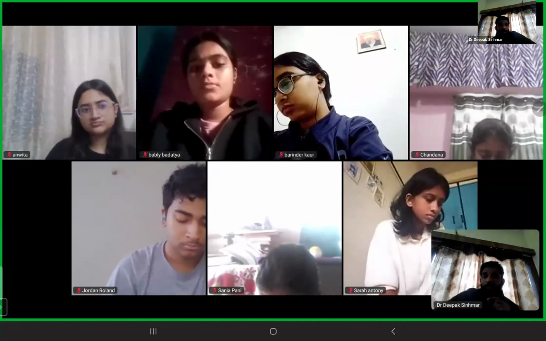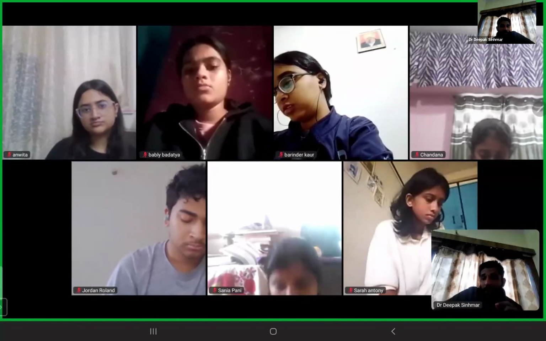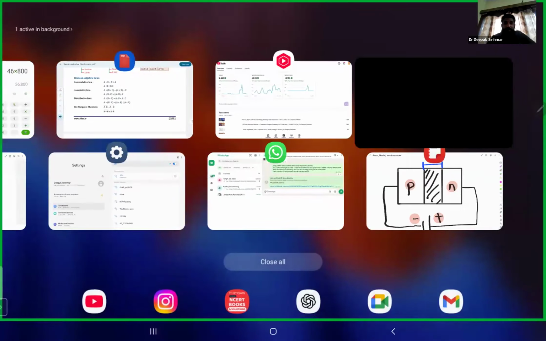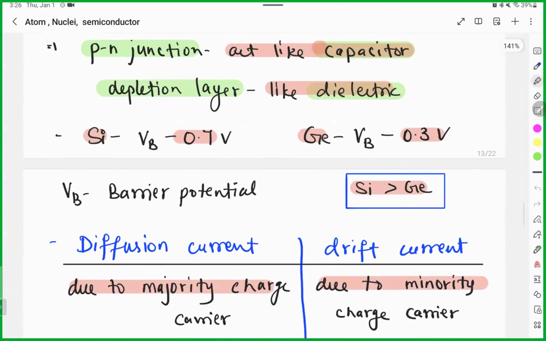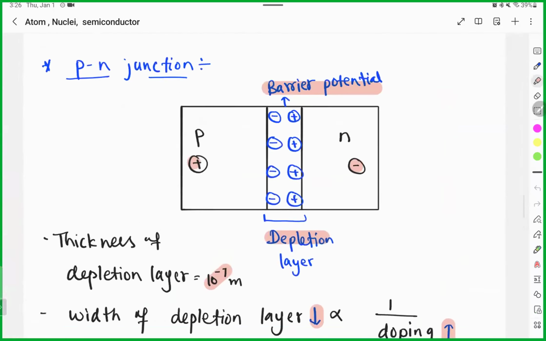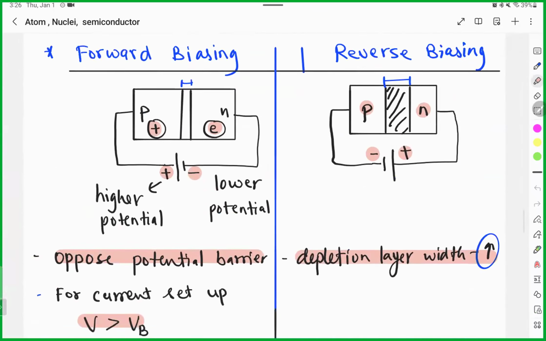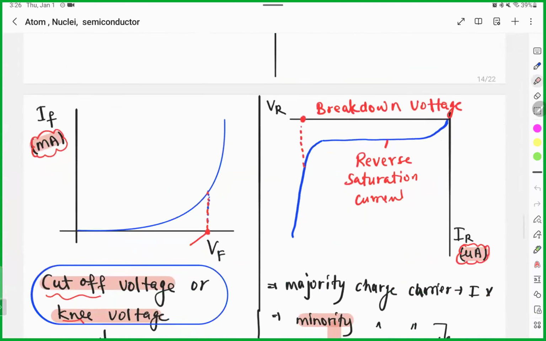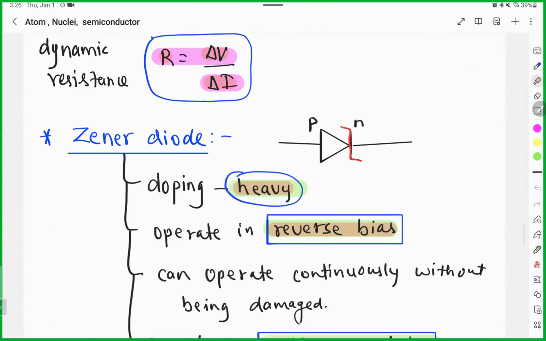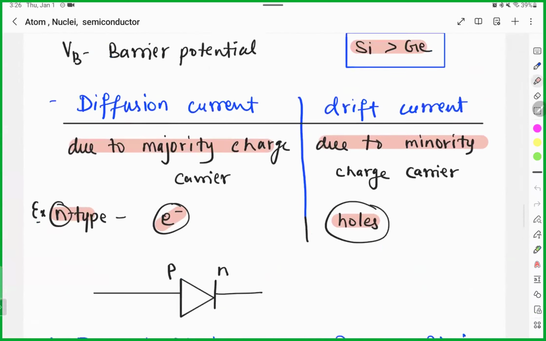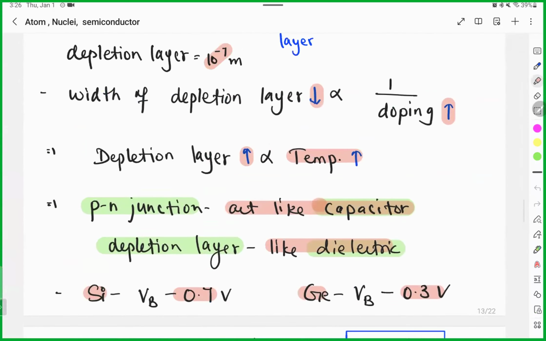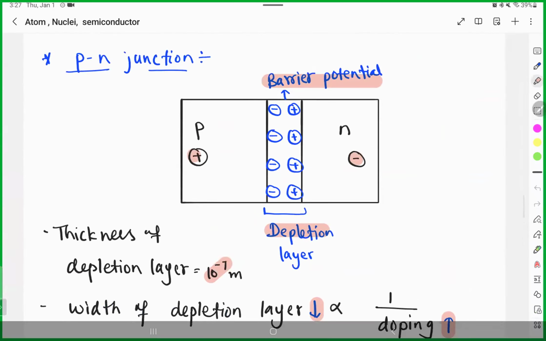Okay? That's why you will see the barrier potential in case of forward bias is less, so it will be negative. Is it written in the notes? Yes. No, it's not. It is like that. In case of forward bias, the potential will be negative, and in case of reverse bias, it will be positive.